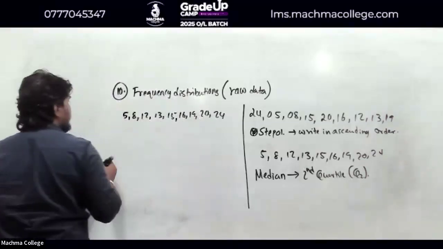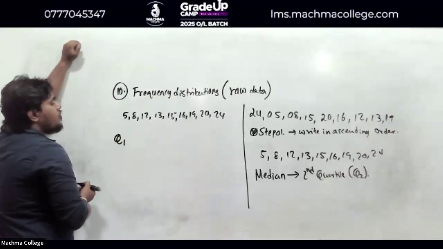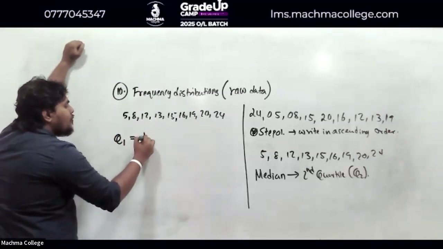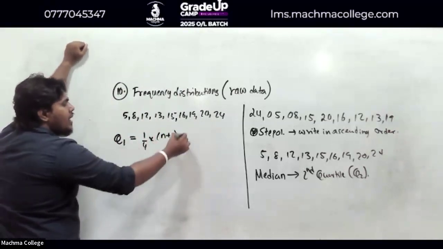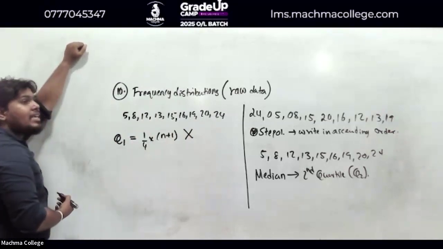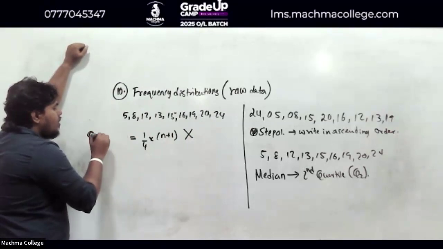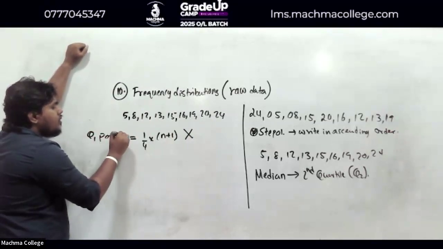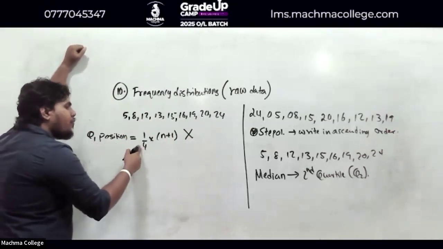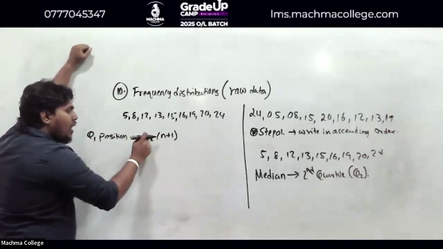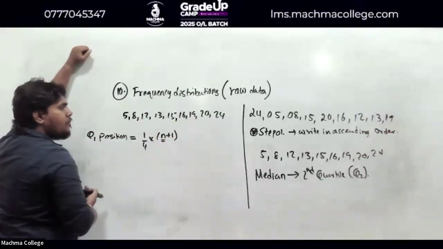So listen now. Quartiles, let's say, if you want to calculate the first quartile, if you write Q1 equals number of elements plus 1, that is wrong. Why is that? This doesn't give you the Q1, it gives you the Q1 position. If you want to calculate the first quartile position, it is 1/4 times the number of elements in the data set plus 1.